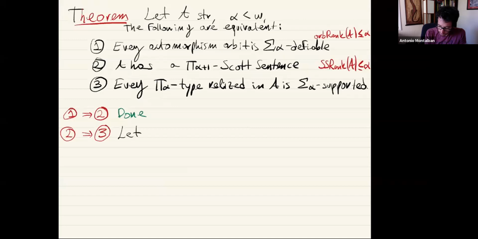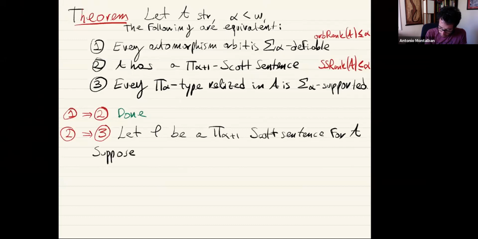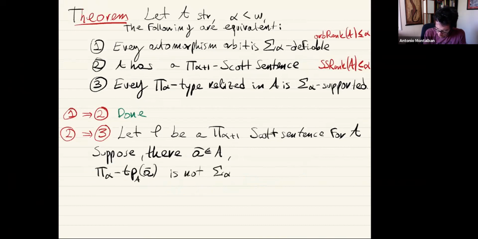So how are we gonna do this? Let phi be a pi alpha plus 1 Scott sentence for A. And suppose towards a contradiction, there is a tuple a in A for which the pi alpha type of a in A is not sigma alpha supported.